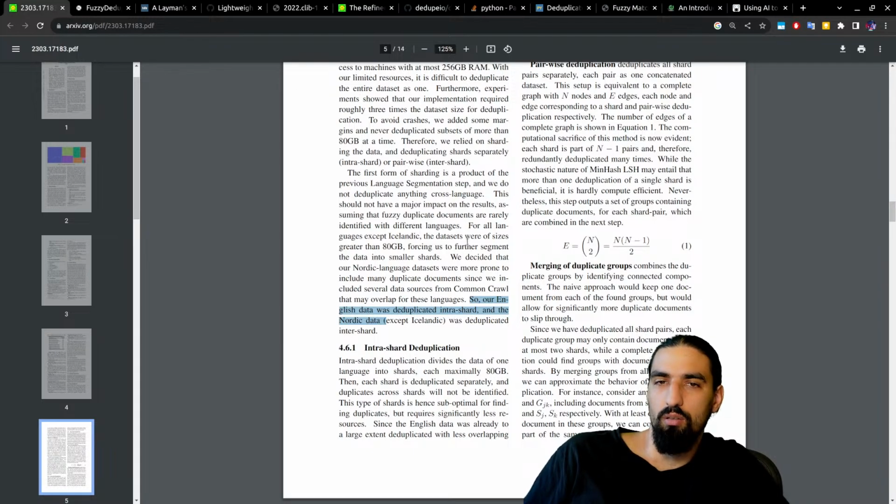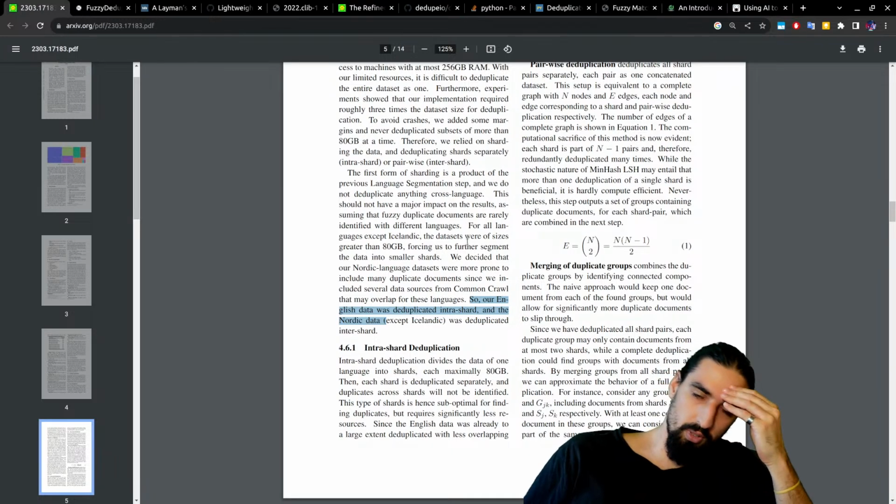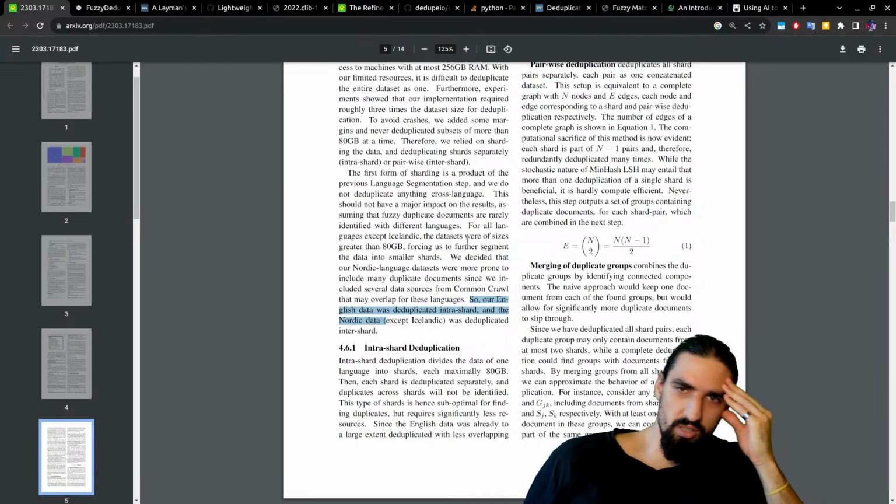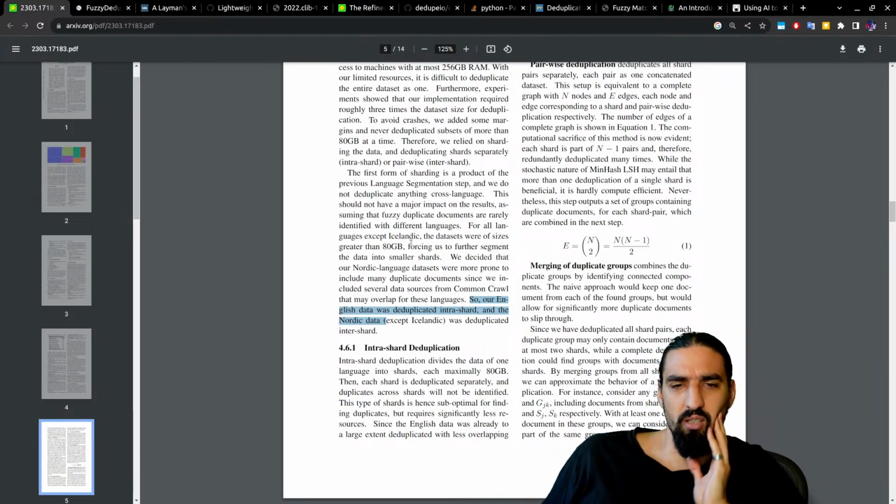Pairwise. Well, didn't they just say that they are not deduplicating across different languages, and now they say they are? Or am I misunderstanding something?